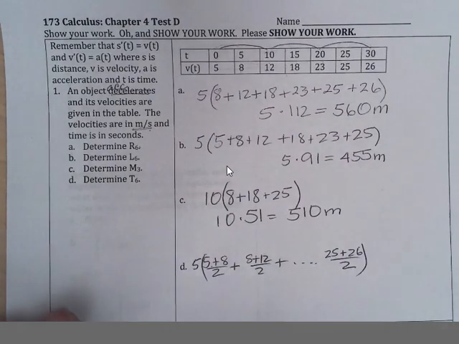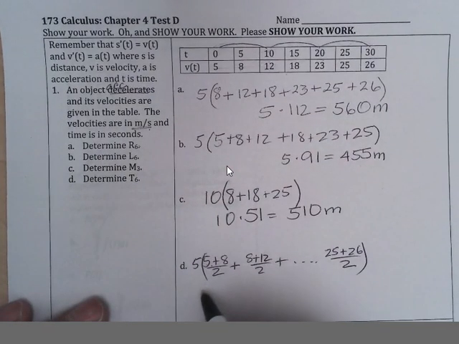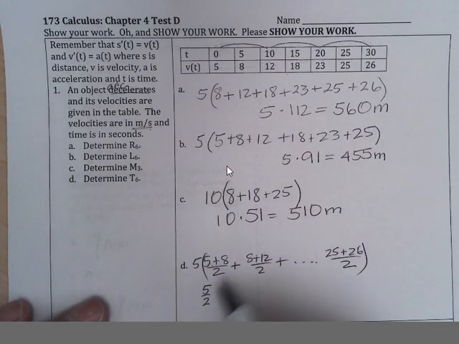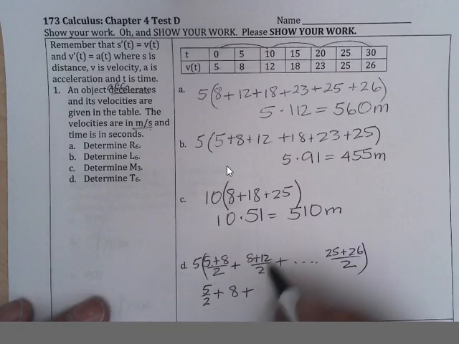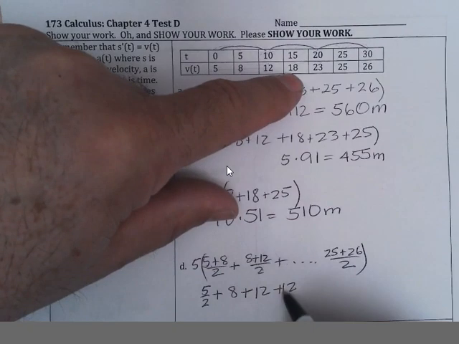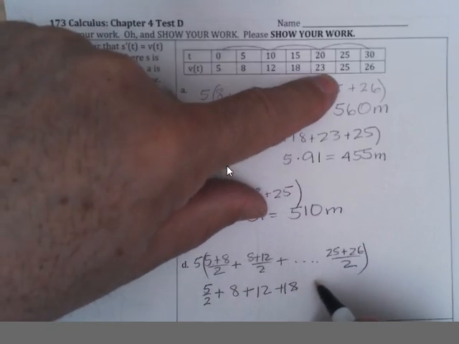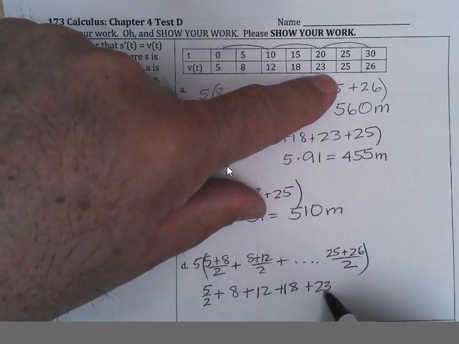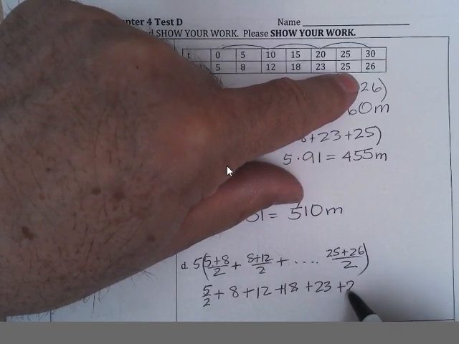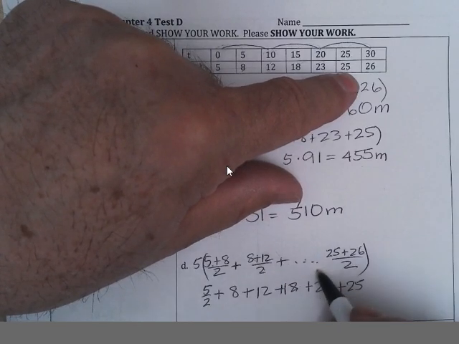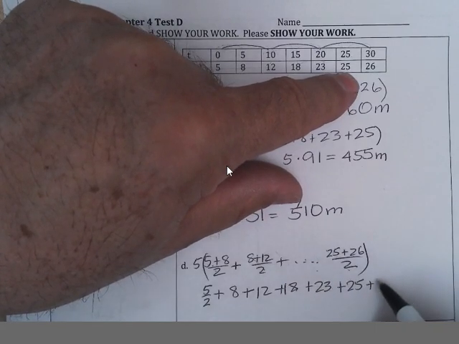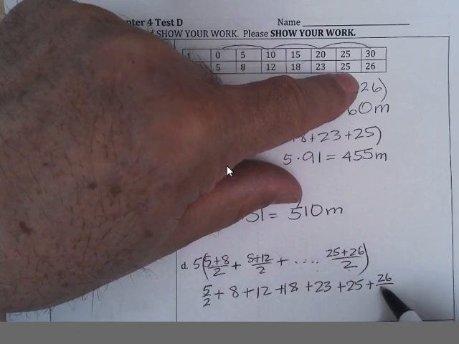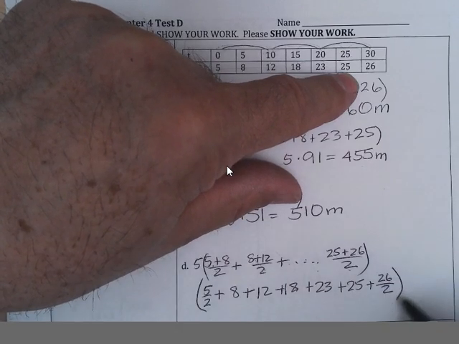But what that does is we get half of 5, half of 8 and half of 8, which is just 8, half of 12 and half of 12, which is 12, plus 20 plus 18 plus 23 plus 25, half of it and half of it, and then just half of 26, times 5.